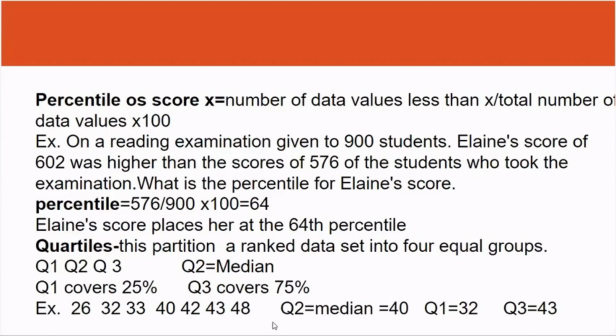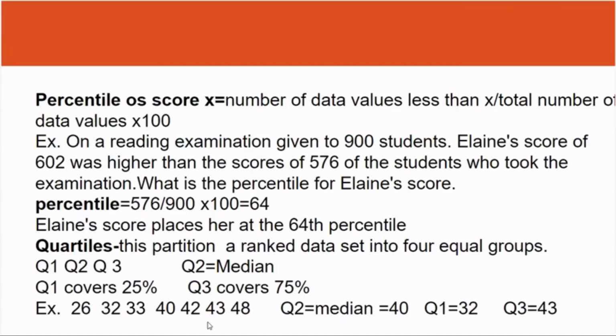The meaning of that question is, we have 900 students, but our subject, which is Elaine's score, is 602. So what is the percentile of that 602 among those 900 students? Given that, her score is higher than 576 students. So to get the percentile, you just need to divide 576 by 900, then multiply by 100.